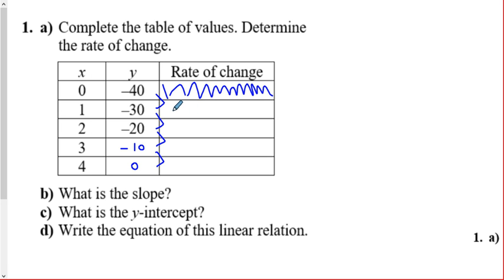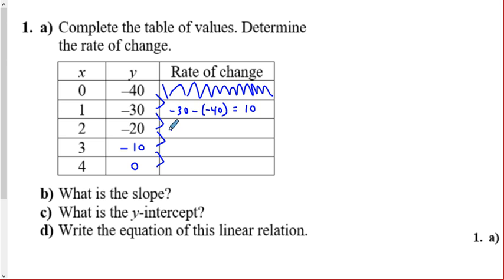So negative 30 is where we ended up. What's the difference between that and where we started? So this looks complicated. Negative 30 minus negative 40. Now subtracting a negative is like adding. So it's really like negative 30 plus 40. Well, that's positive 10.